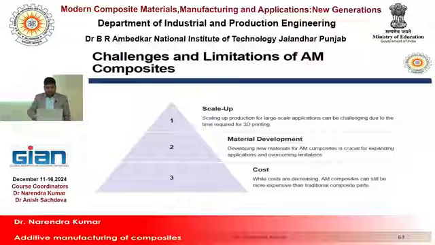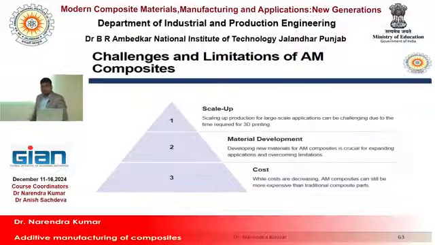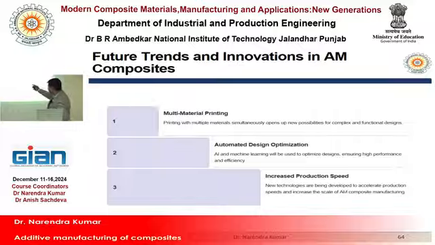And what are the future trends and innovations? Multi-material printing, because currently if I talk about FDM, mostly dual nozzle printers are available. We have only two nozzles, so two materials can be used to make a part. Suppose I want to print the base material using PLA, I can do it. For the upper portion I want to use ABS material, I can use the ABS.